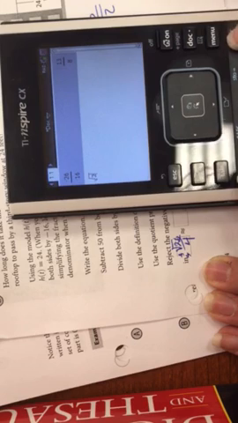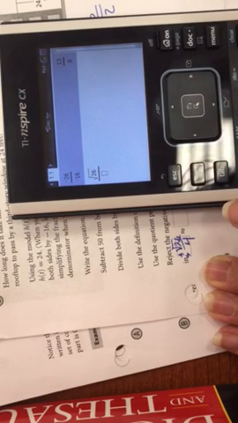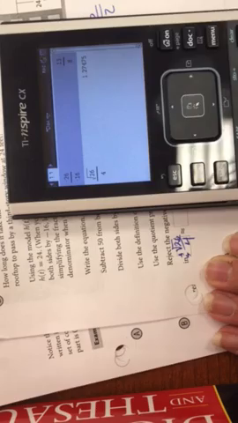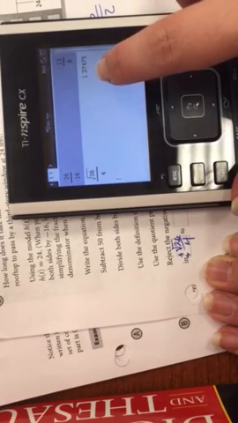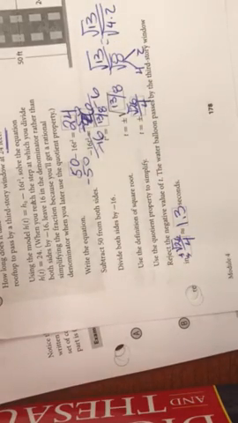Okay, fraction, square root of 26, and on the bottom we're putting a 4. We're going to hit enter. It says round to the nearest tenth. So 1.27, the 7 rounds the 2 to a 3. So it's approximately 1.3 seconds. And that's how we would solve a word problem with these squares.